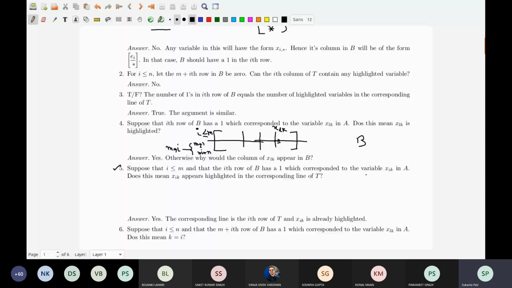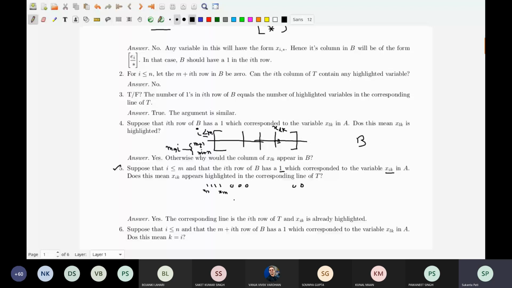Remember the matrix has this kind of form. What is the first row? The first row will have some ones over here, then zeros. Here it will start from x11 to x1n, and zeros. What does the second row look like? The second row has all zeros here, ones here.